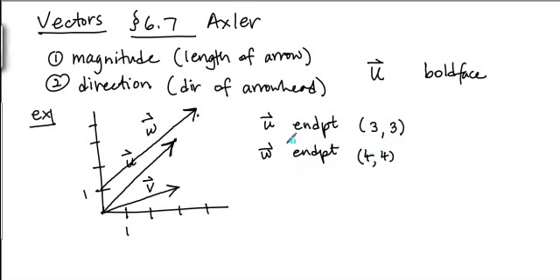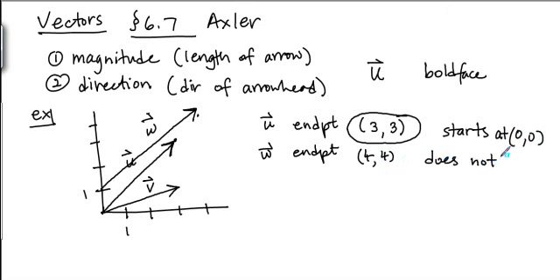We can indicate a vector just by its endpoint if it starts at the origin. u starts at the origin, so I can indicate vector u by the endpoint. But I don't want to indicate vector w by the endpoint because w does not start at the origin. This starts at 0, 0. This one does not. So as long as a vector starts at 0, 0, I can indicate it by its endpoint.